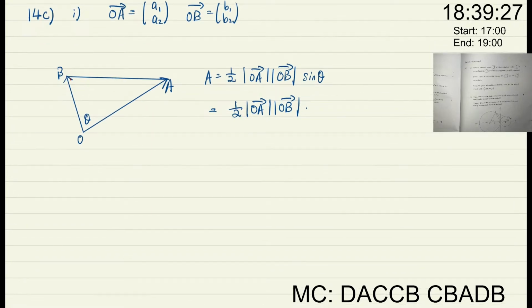Sine theta. Now, we know that cos theta is the dot product divided by the product of the magnitudes. And therefore, sine theta is probably going to be the other thing, if you make it into a triangle.